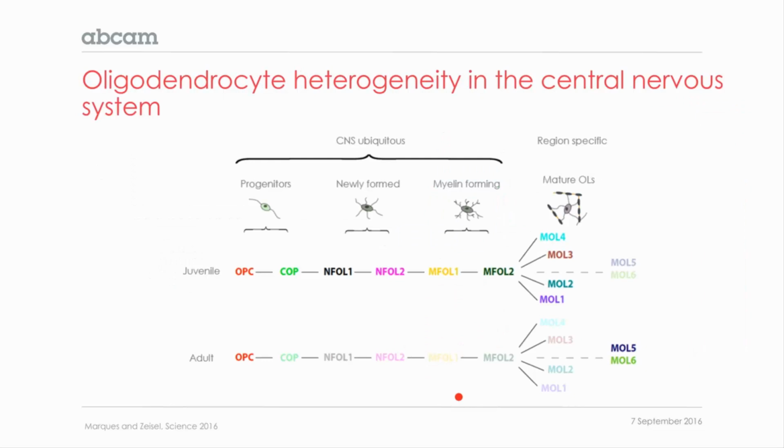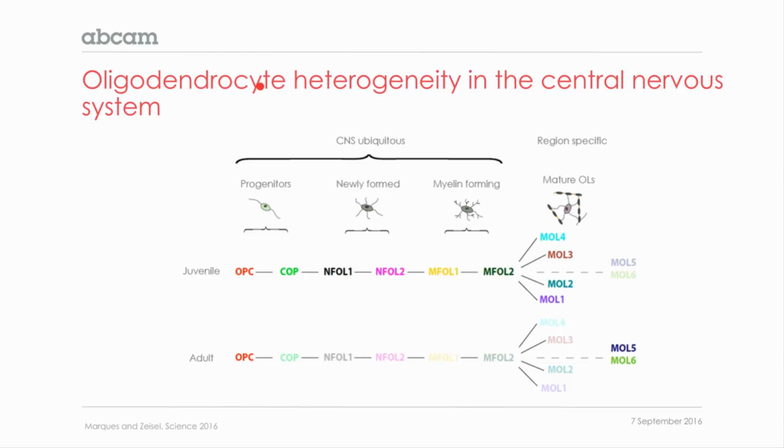So applying single-cell RNA sequencing, as Amit explained in the first part of this webinar, allowed us to dissect the heterogeneity of the oligodendrocyte lineage in the central nervous system, both in the juvenile and in the adult mice.